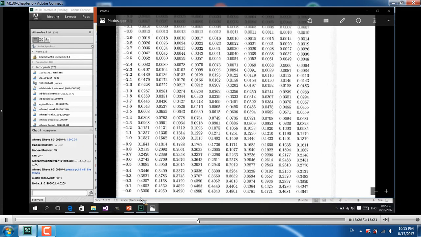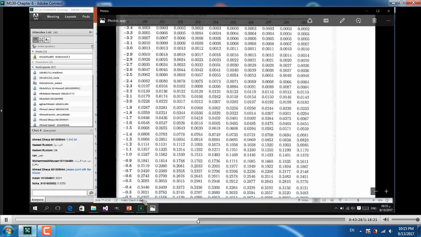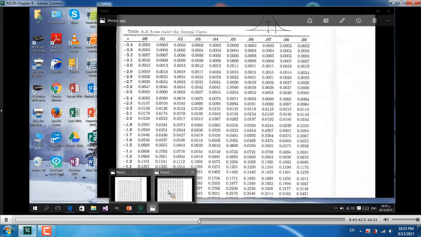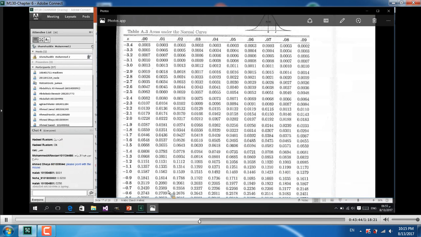Exactly. This is the value that we get. So substitute with the value, subtract, and get the result that you are looking for. Is it 244 or 25? Come on. 1.97, 0.0244.